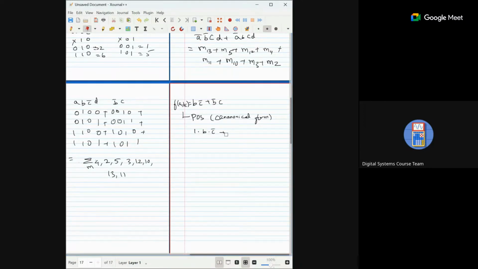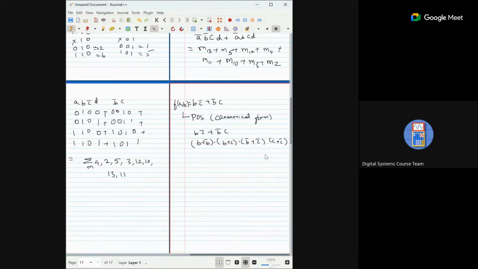No, first of all, okay, fine. A better way is you convert this to POS first, because I want POS, right? So what is the way? B plus B bar times B plus C times B bar plus C bar times C plus C bar.